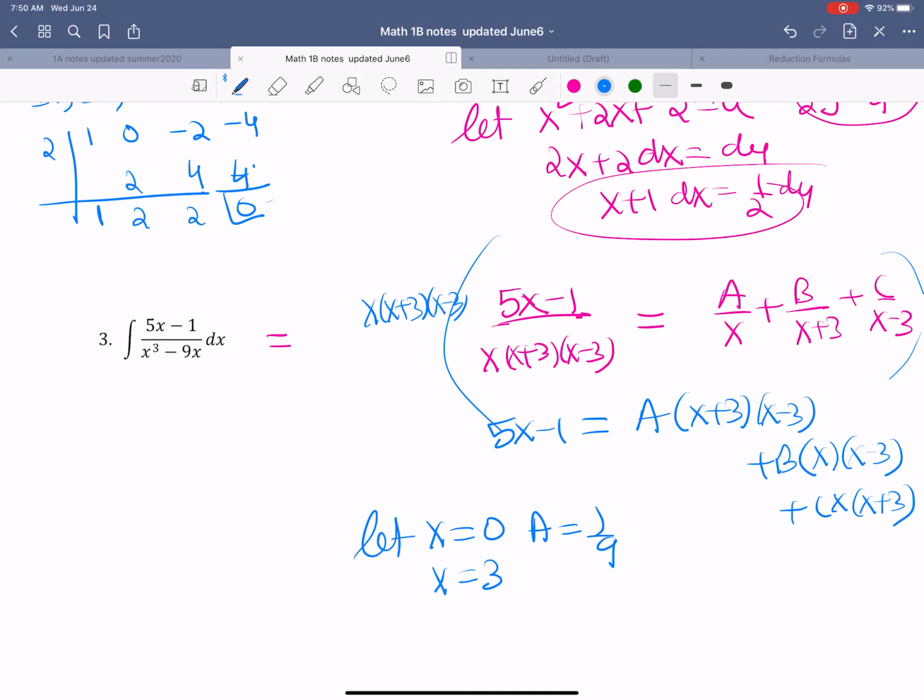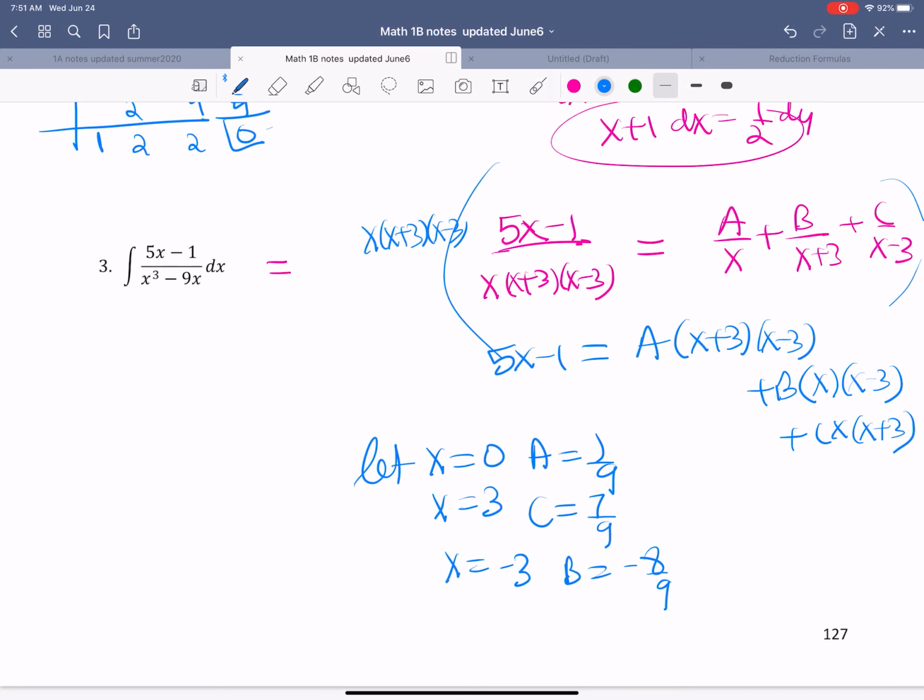If I let x be positive 3, I can find c. C is going to be 7 over 9. And if I let x be negative 3, I can find b, which is going to be negative 8 over 9. So go ahead and plug back in and evaluate the integrals. I'm going to leave it for you to try.